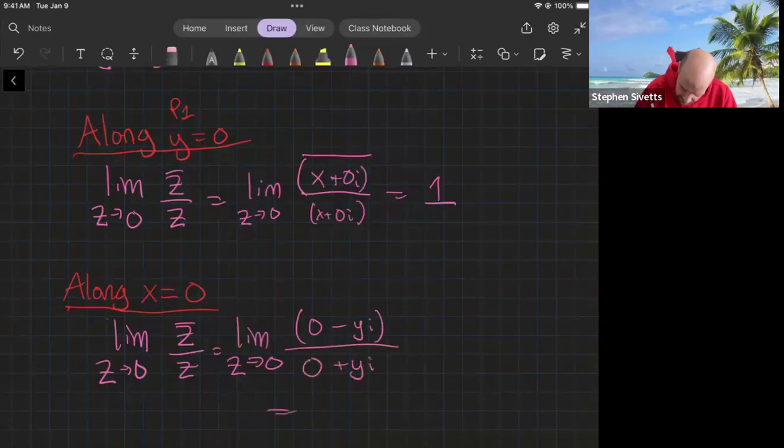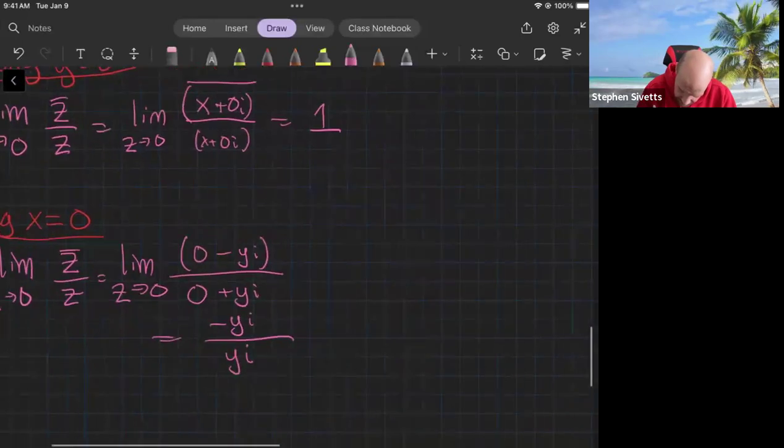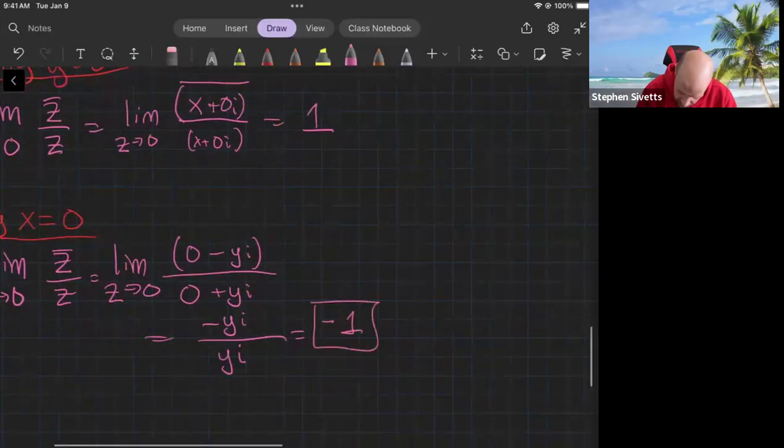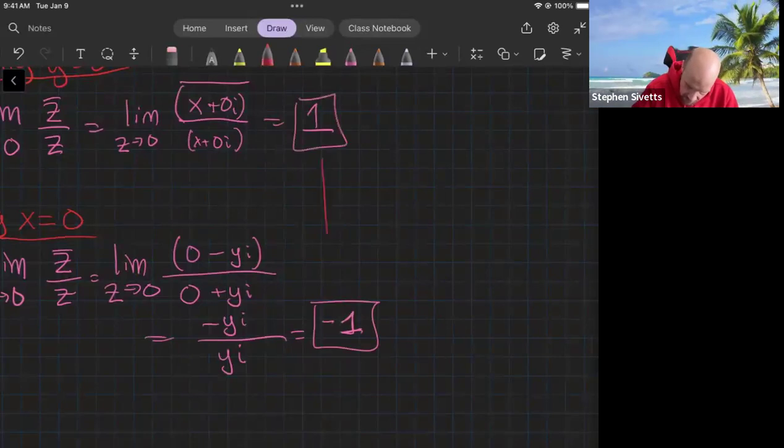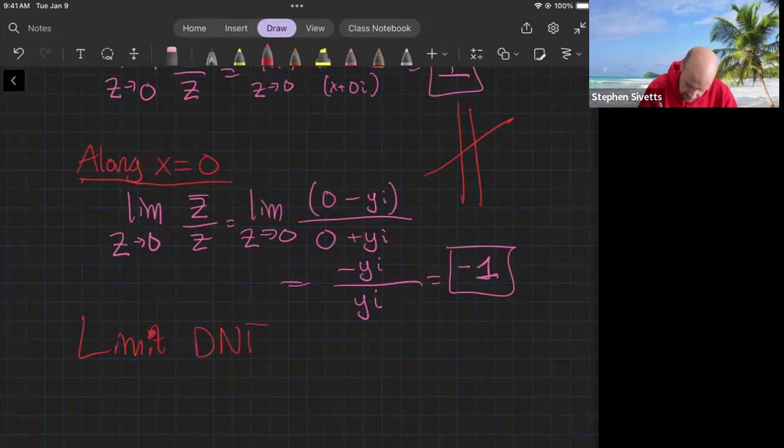So this equals minus yi divided by yi, and so this would equal minus 1. So these values do not equal, and so we can say that the limit does not exist.